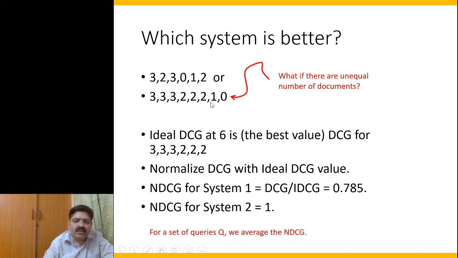If I were to cut down at the 6th position, obviously it would be the DCG of this second system. And then I could use that number to normalize to get the normalized DCG value, or NDCG as we call it. So NDCG for system 1 would be the DCG of system 1 over the IDCG value, which is 0.785, and the NDCG for system 2 would be simply 1 because that's the best system I have.